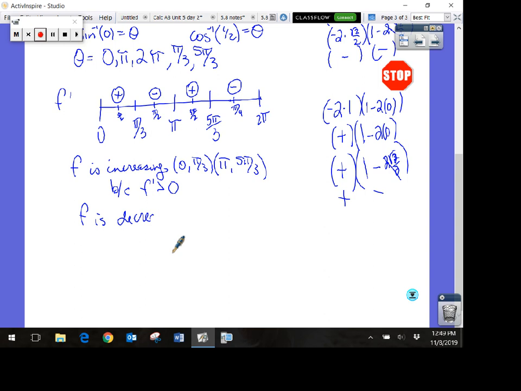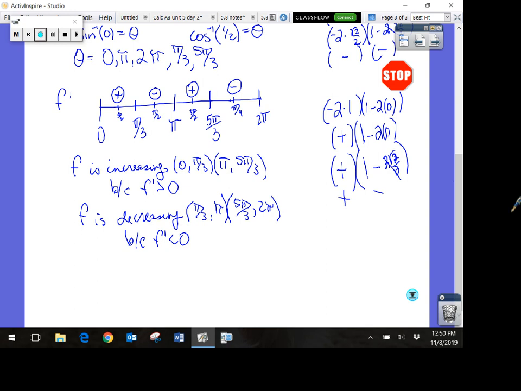F is decreasing from pi over 3 to pi and 5 pi over 3 to 2 pi, because F prime is less than 0. The derivative is less than 0. The derivative is negative. Okay, don't include an equal sign right there because then that's wrong. Less than 0 or negative.